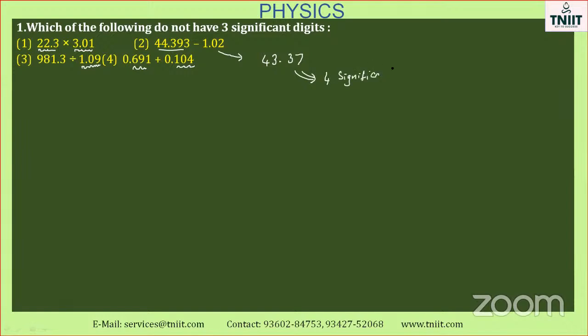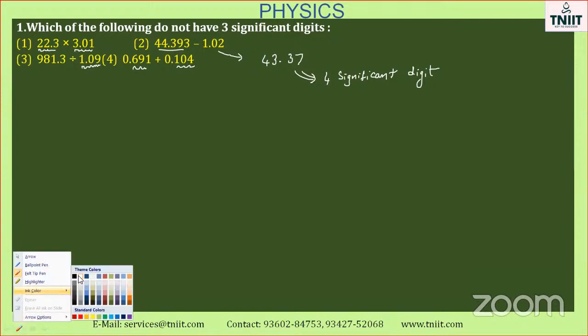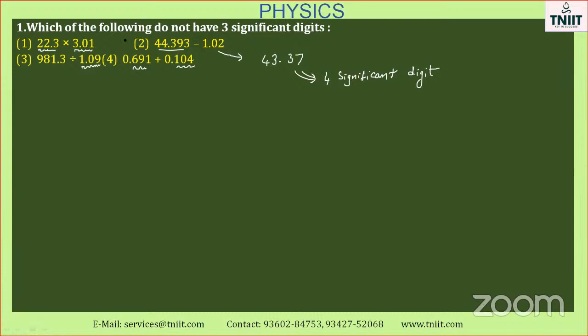So what are they expecting? Which do not have three significant digits. Option 2 is not having three significant digits. 43.37.